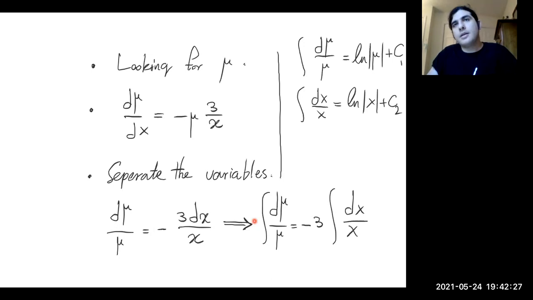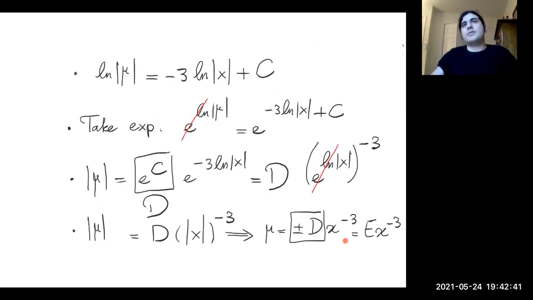The integral of the left-hand side, up to a constant, is ln of the absolute value of mu. The right side is ln of the absolute value of x plus a constant. So ln of the absolute value of mu should be equal to -3 ln of the absolute value of x plus a constant. I would take the exponent of both sides to get rid of these ln's.